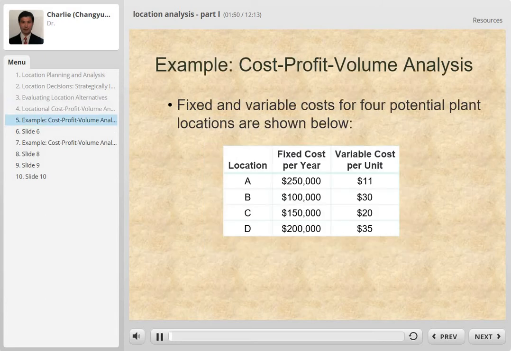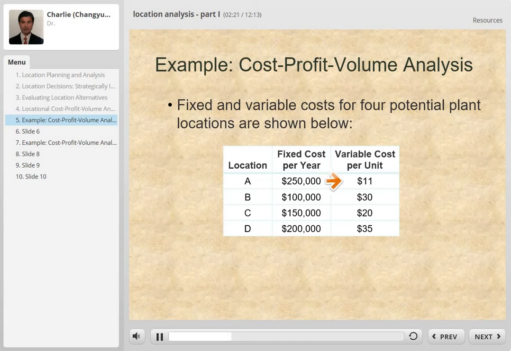Here comes the example. There are the fixed cost and variable cost for 4 different potential plant locations, as below. Our purpose is to find the one with the lowest cost. Location A has a fixed cost per year of $250,000.